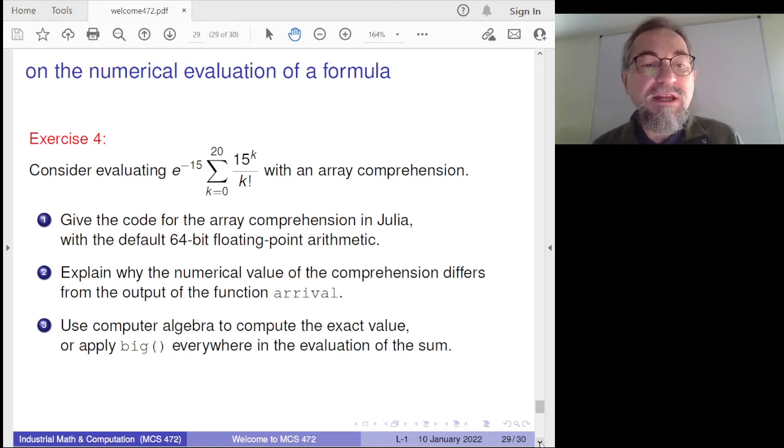So the purpose here is, can you find the same answer? First of all, without the big, you will see that you will not get the same answer. Explain this, and try to fix it. You can also resort to going back to Sage and compute with exact arithmetic.